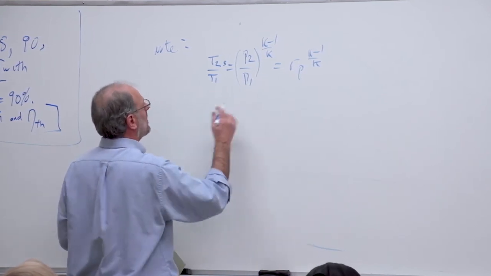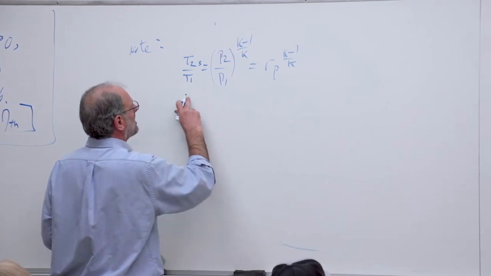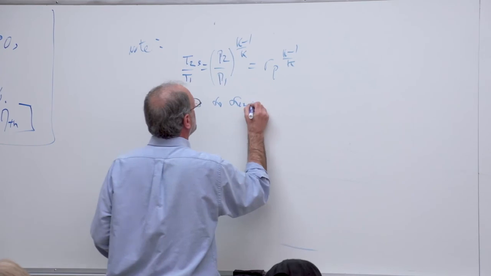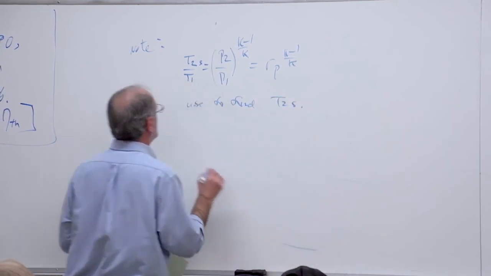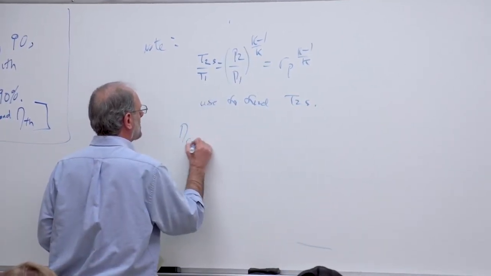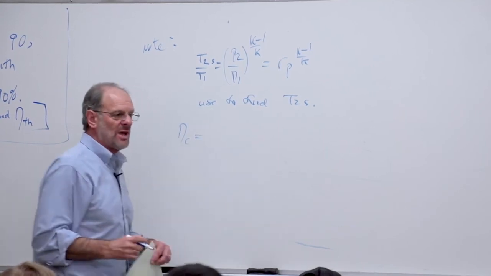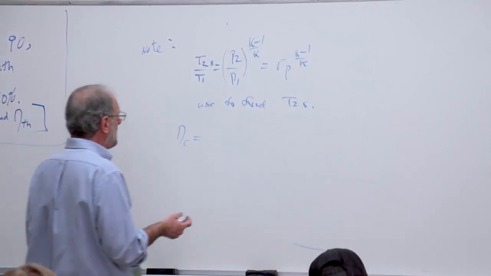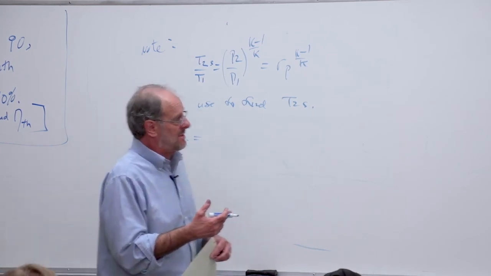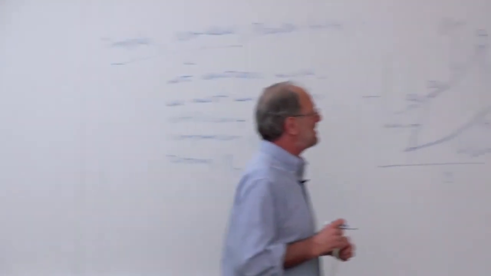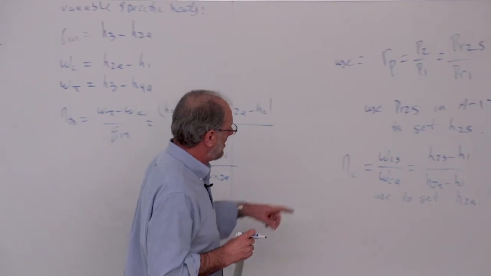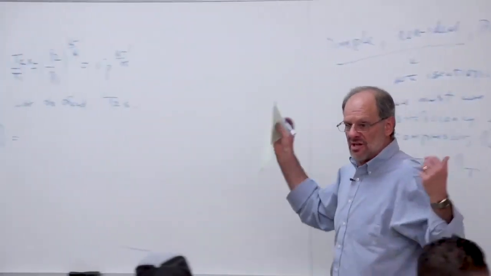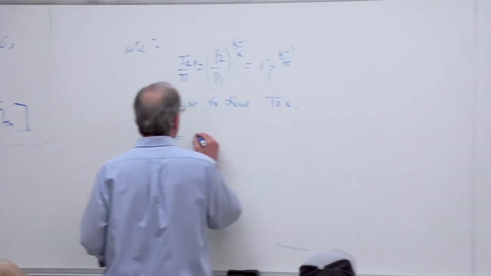So this equation will allow us to find T2s. And then we want to use the compressor's isentropic efficiency equation. Now, the isentropic efficiency is the ideal over the actual work, but those work terms are really just enthalpy change terms. We know that now. And of course, the enthalpy change is just Cp times the temperature change, and we have Cp in the numerator as well as the denominator.